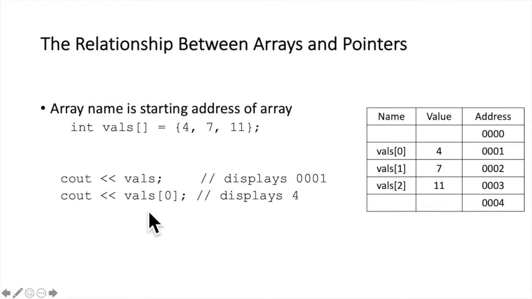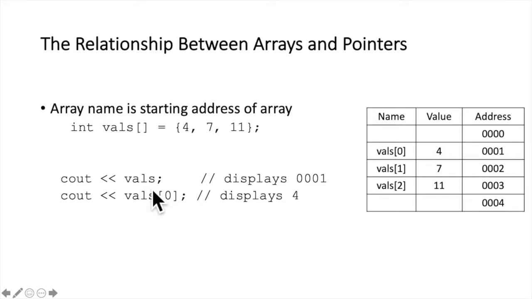And if we print the array name together with the index number in square brackets, it will display the content of that element of the array. So basically, vals is the address of the first element in the array.